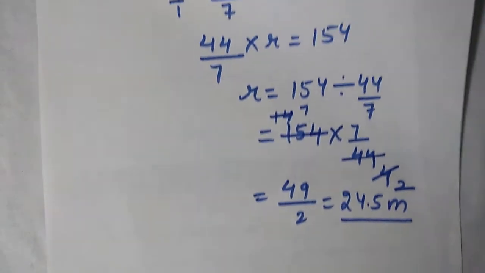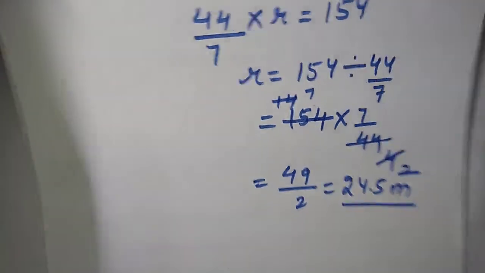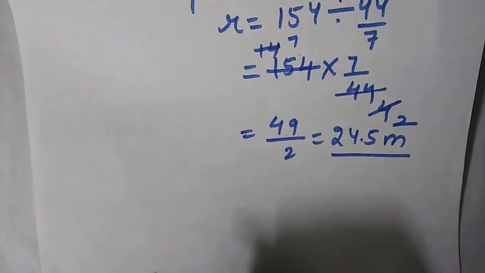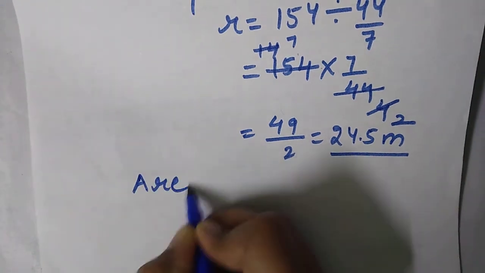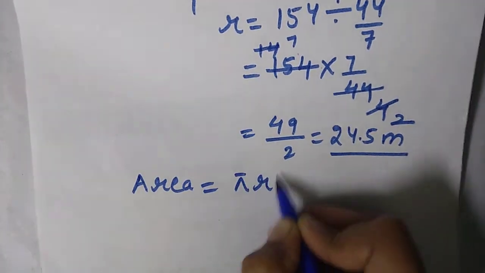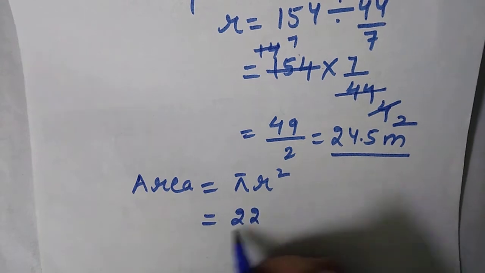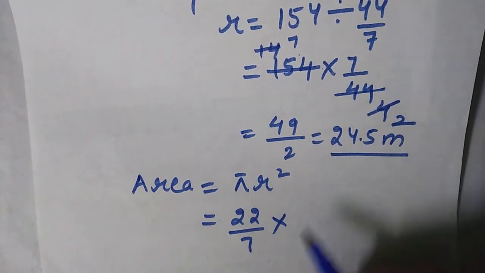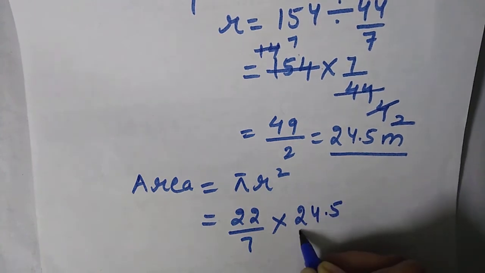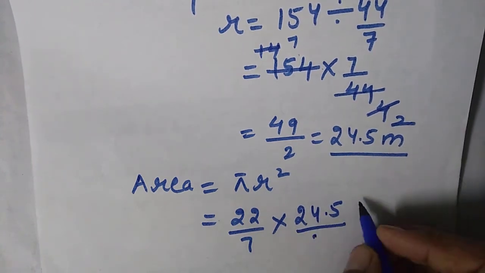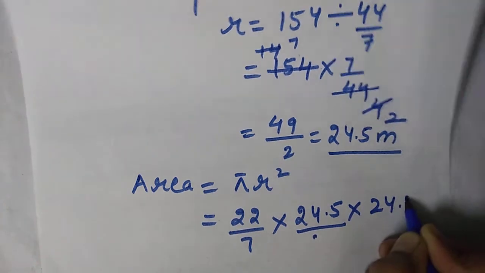This is the radius. After finding the radius, we have to find the area. How will you find the area of a circular region? That is given by area equal to pi r square. So again pi is 22/7, times 24.5 into 24.5.